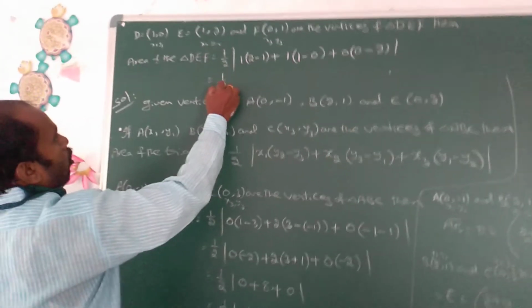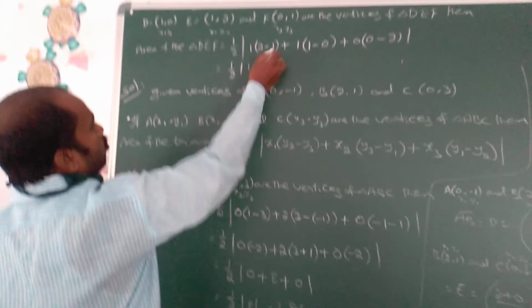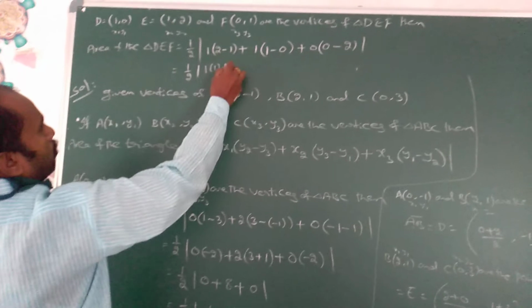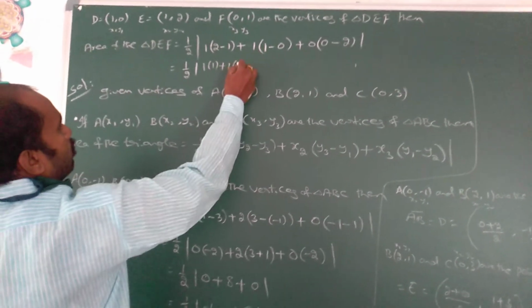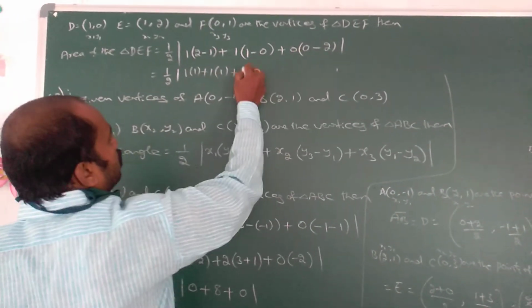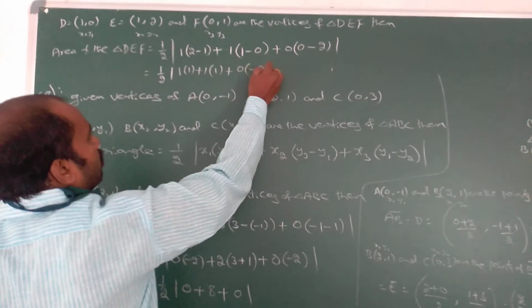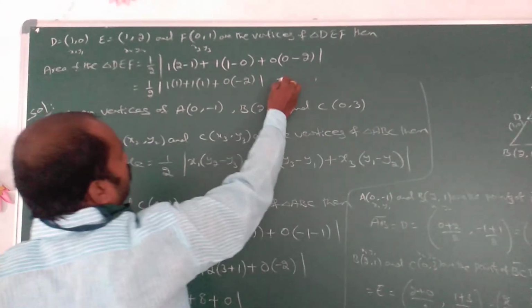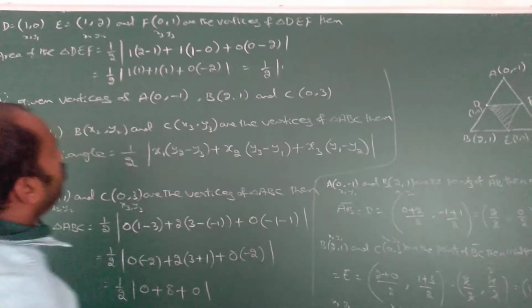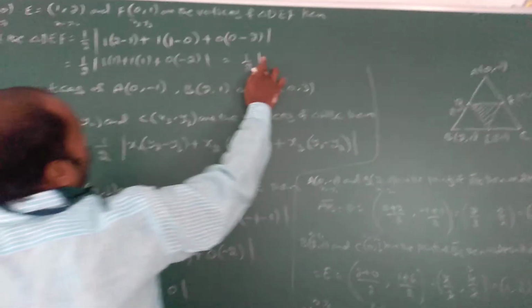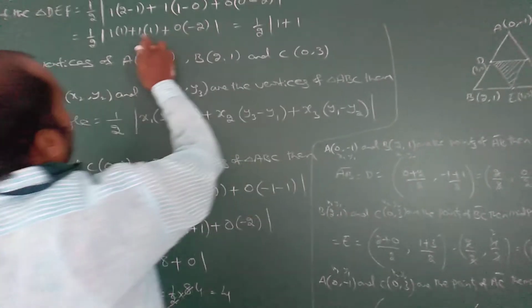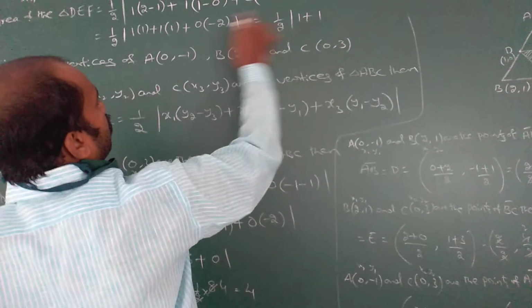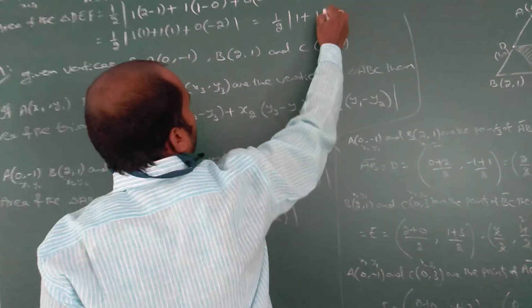Modulus of 1 into (2 minus 1) you get 1, plus 1 into (1 minus 0) you get 1, plus 0 into (0 minus 2) you get minus 2, modulus close. Next, simplify: modulus of 1 into 1 you get 1, plus the second term also 1 into 1, you get 1. The third term, 0 into any number, you get 0.